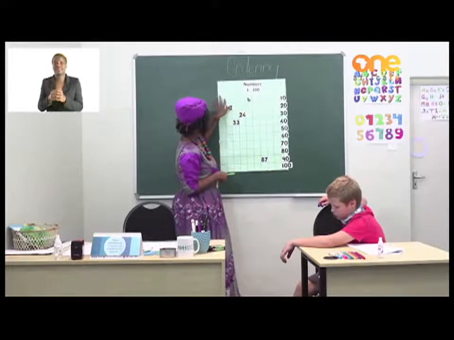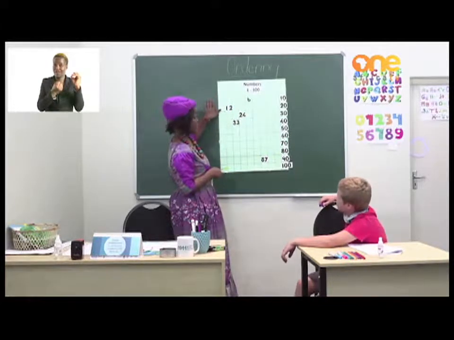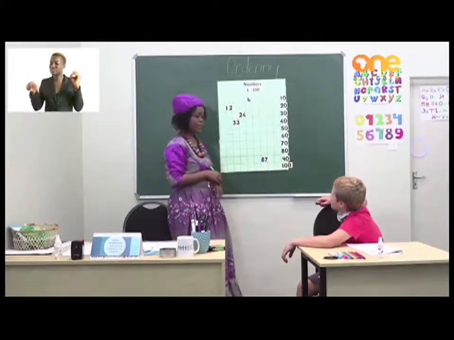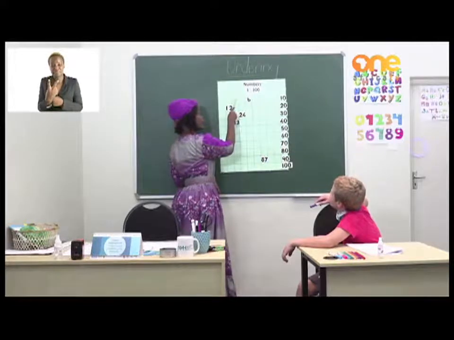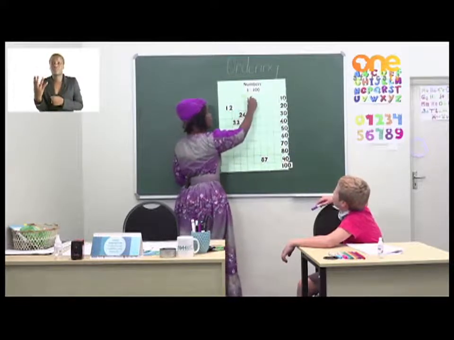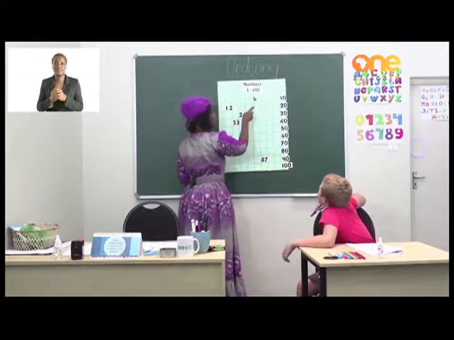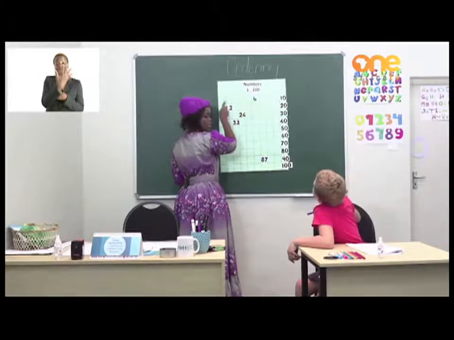Between 0 and a 6, what numbers do we find there? We find a 1, 2, 3, 4, 5. And then the 6. So we have 5 numbers before 6.